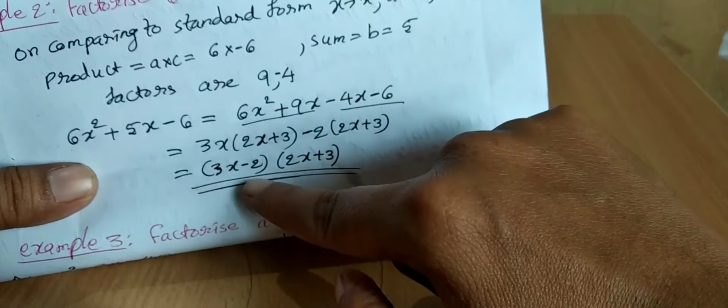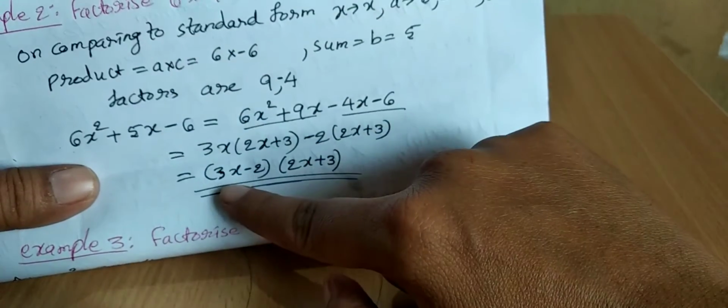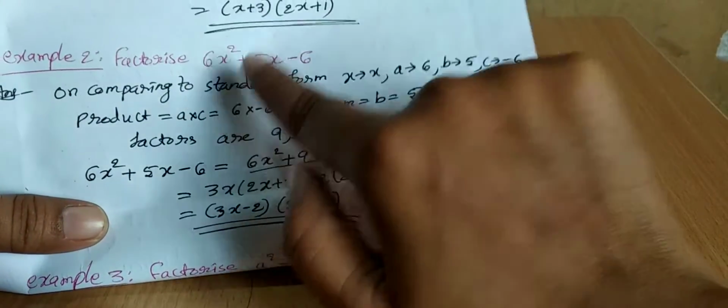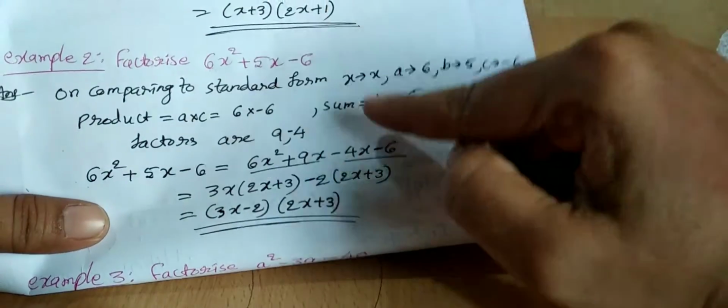We will regroup it. First we will take out the common and group. Once again we will group and write the factors. Here, based on the product and sum, we have chosen the factors.